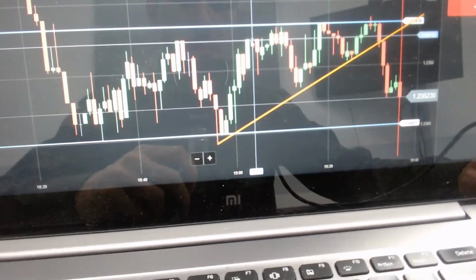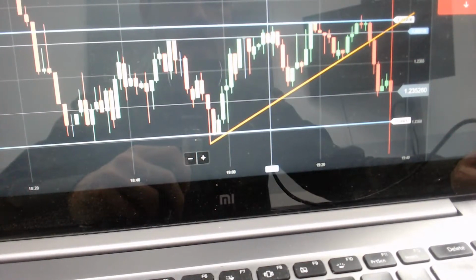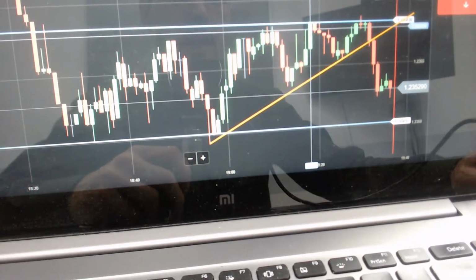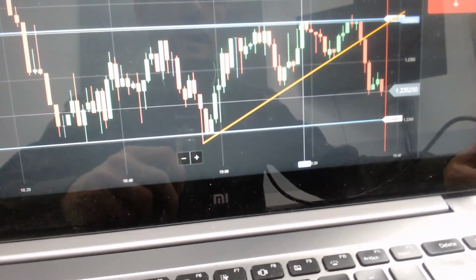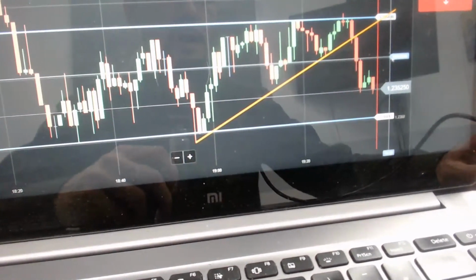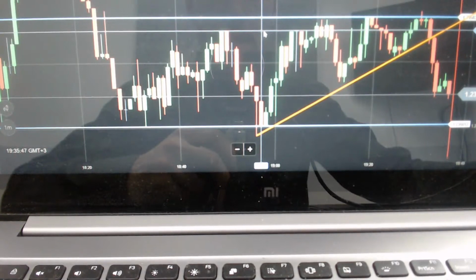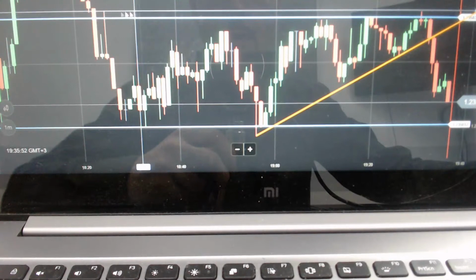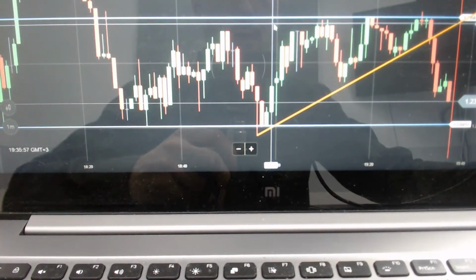The next time, the price made a breakthrough, a couple of breakthroughs, and the third time, it tried to make a breakdown, but it was not done. So this level is quite strong. And by the way, the main idea of levels is that it's not just a line. It's some kind of a zone.